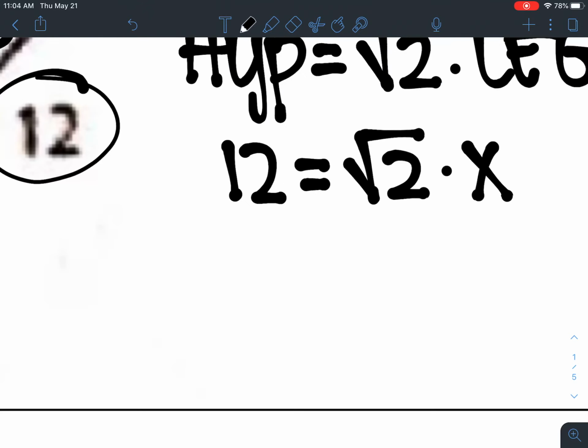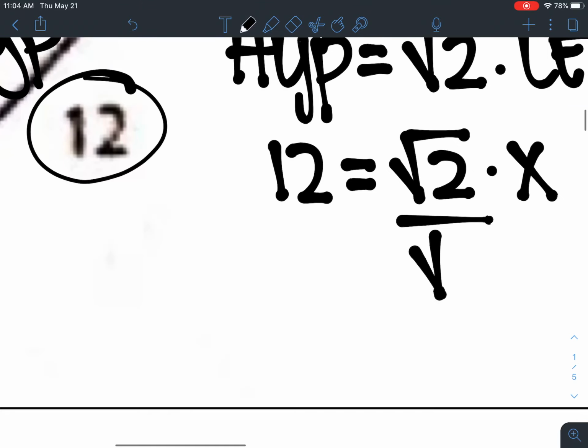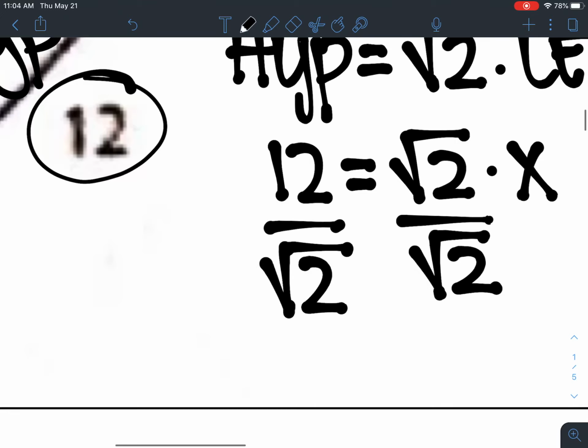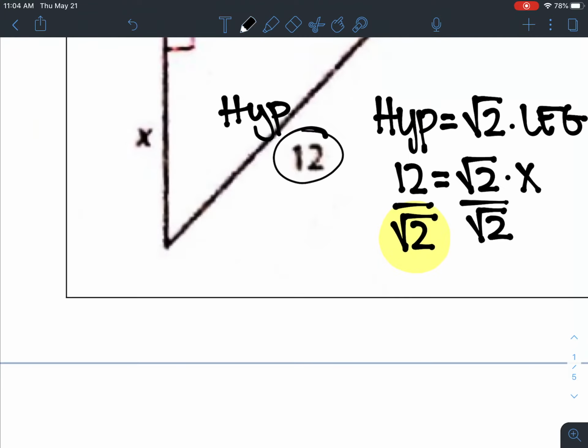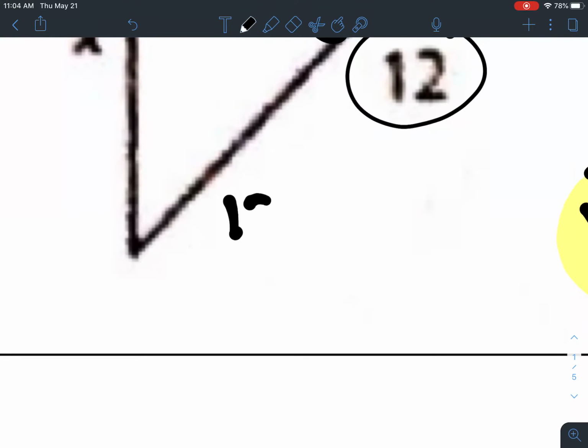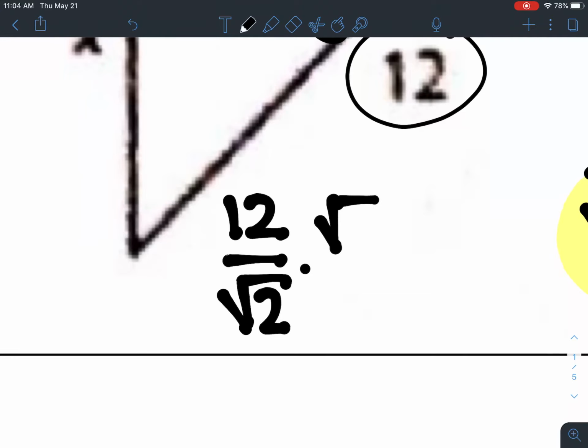So I'm going to divide by the square root of 2. And this brings us back to the start of this lesson, where remember, you're not allowed to have that radical on the bottom. So we're going to rationalize it. I'm going to have 12 over the square root of 2, and I'm going to multiply by the square root of 2 over the square root of 2.